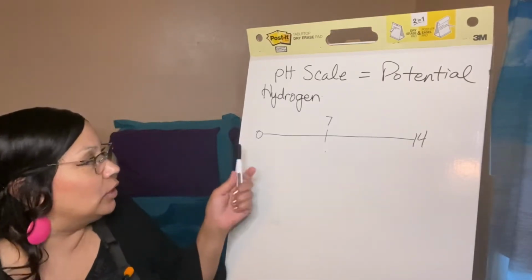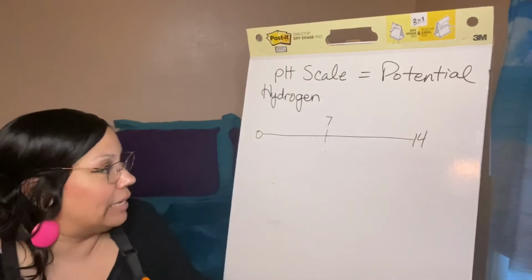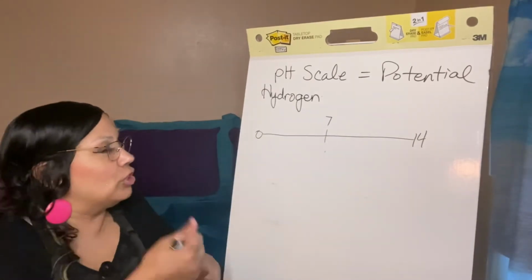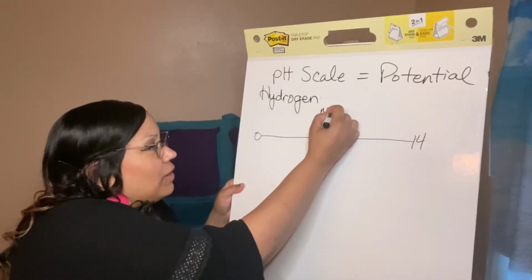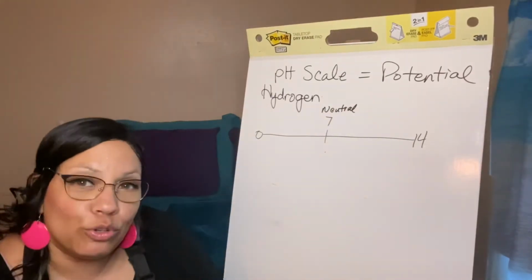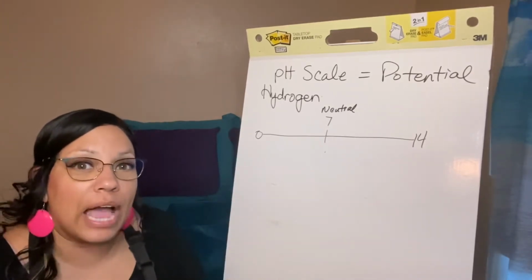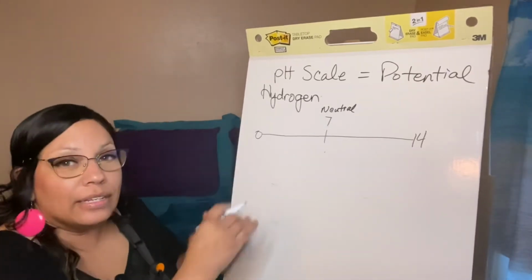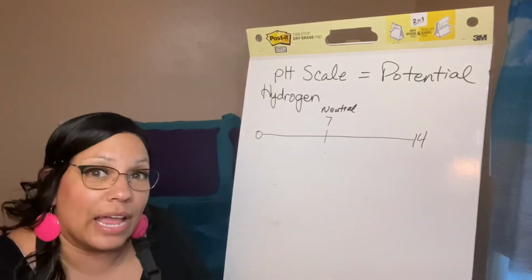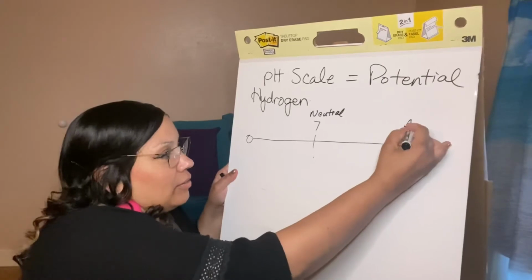So your pH scale ranges between 0 to 14. And in the middle, which is neutral, is 7. Now what that neutral means, remember we talked about this. There's hydrogen ions on the acidic side. There's hydroxide ions on the alkaline side. So this side is your alkaline.